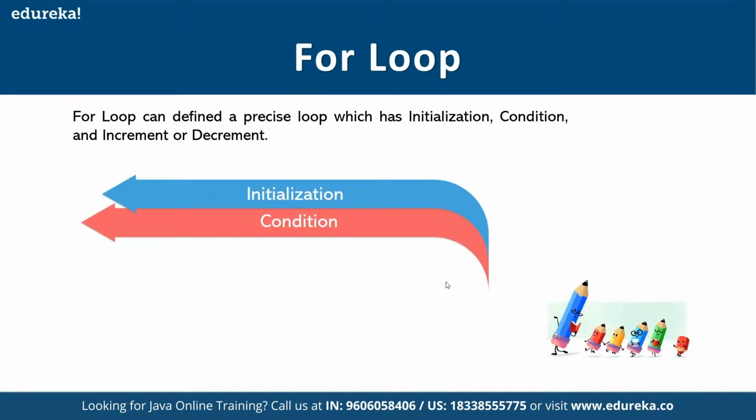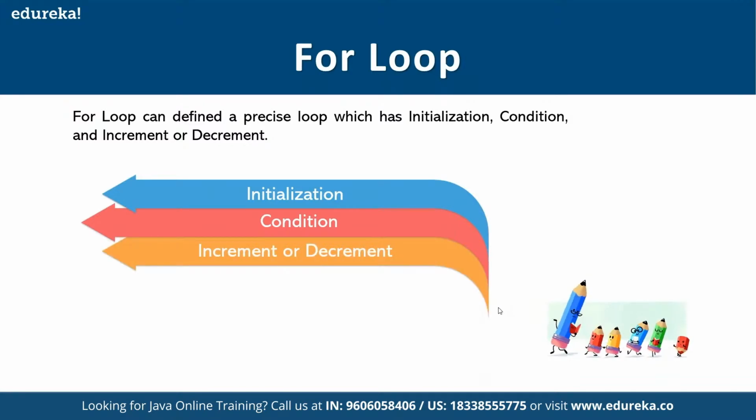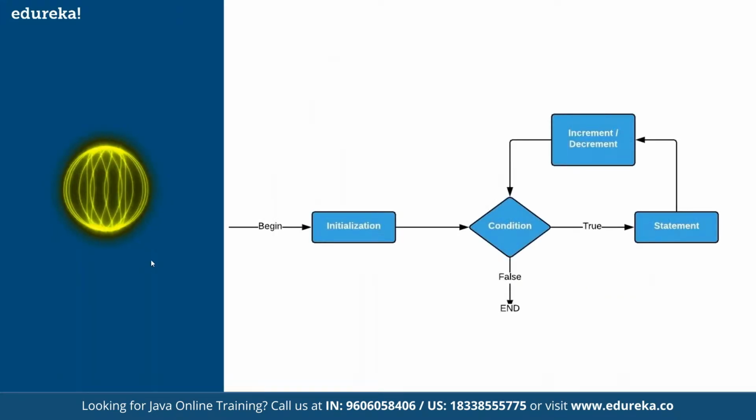We'll have the initialization, we'll specify the condition, and we'll specify the increment or decrement. We'll specify all these things while writing for loops in the Java programming language. This is an overview of how a for loop would look.